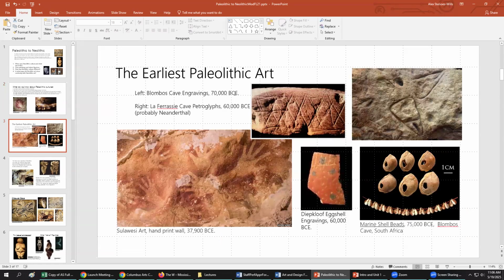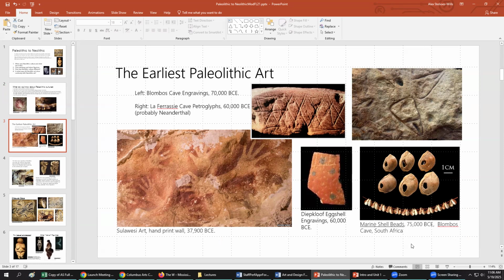So some of the earliest Paleolithic art that we have includes some jewelry, like these marine shell beads right here, people making things into necklaces. And then we also have examples of engravings into cave walls, where people carved into them, and not examples of painting on cave walls.